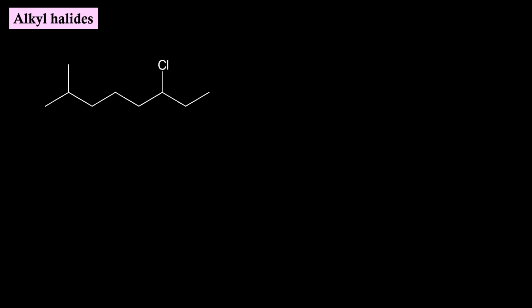If I start numbering 1, 2, 3, 4, 5, 6, 7, 8. Name of this substituent will be methyl. This substituent will be called chloro.